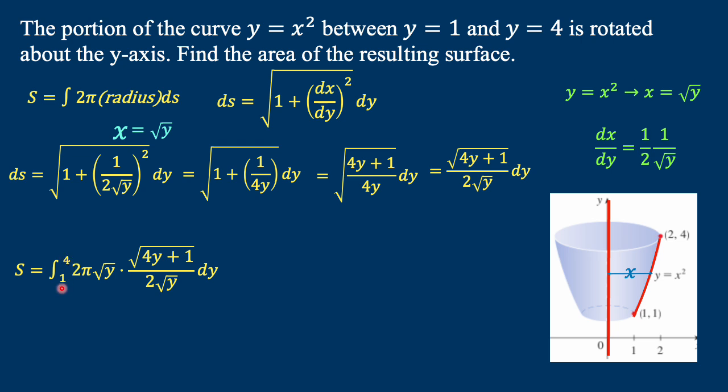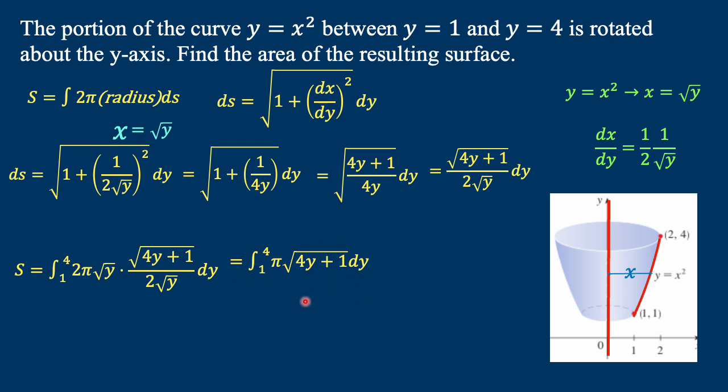Integral, be very careful, the interval of y is 1 to 4. So from 1 to 4, 2 pi, the radius is the square root of y, times the square root of 4y plus 1 over 2 square root of y. So you cancel out 2 and 2, and the square root of y and square root of y, then you have the integral from 1 to 4 of pi times the square root of 4y plus 1 dy.